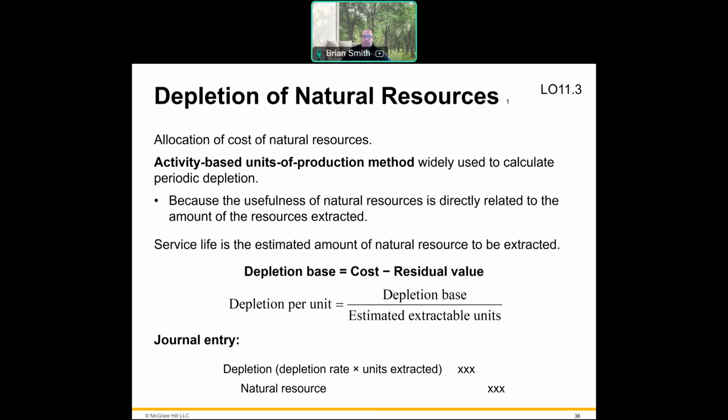So they're going to be tasked to collapse the mines and shafts, cover it up, replant trees, and basically turn it back into something that people can enjoy, or at least make it look the way it did naturally. That should also be included in that depletion base, not depreciable, depletion base.